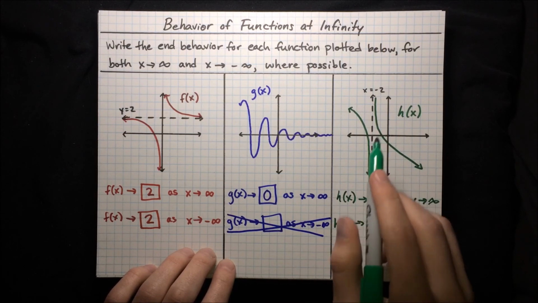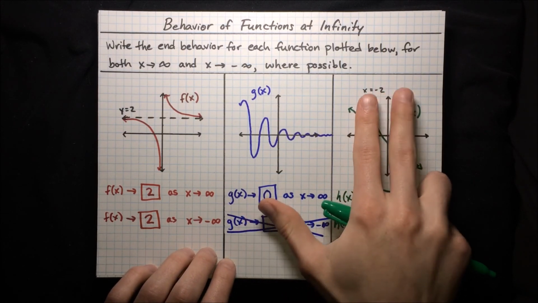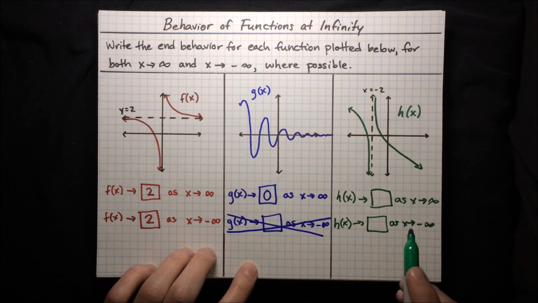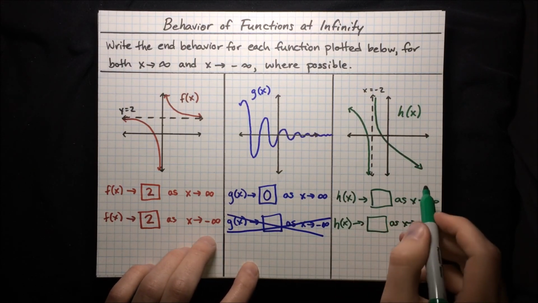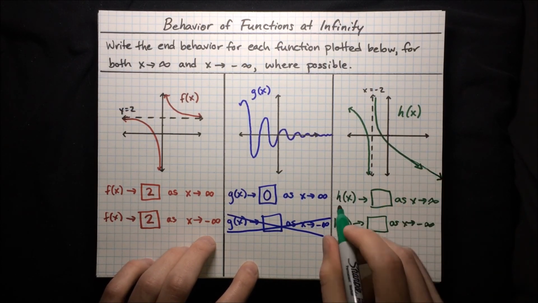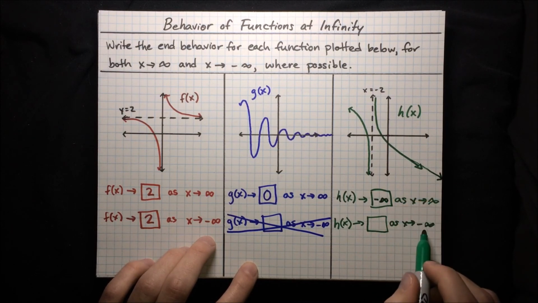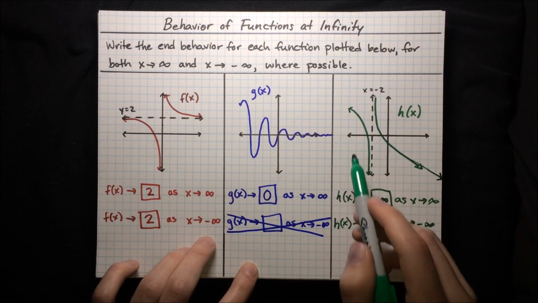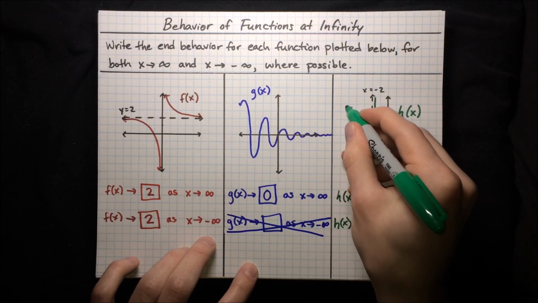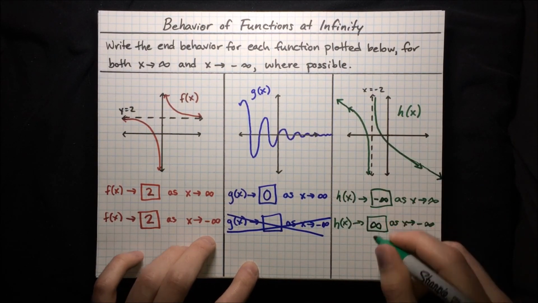The in-between part you can just cover up, and it doesn't really matter. So as x goes to positive infinity, at the end of the function, it's going down, down, down this way. So h of x is approaching negative infinity. And as x goes to negative infinity, as x goes to the left, h of x is going up, up, up this way. So h of x is approaching positive infinity.